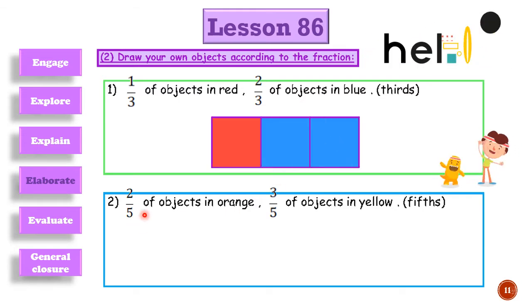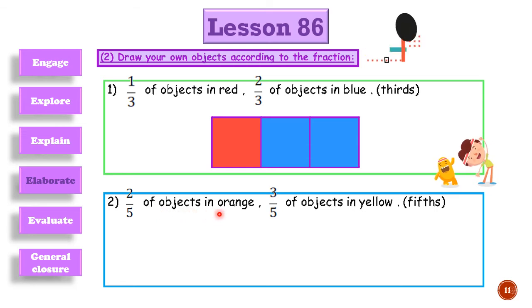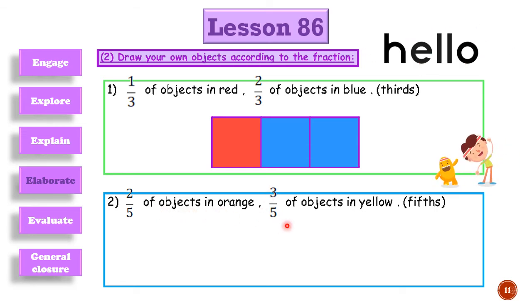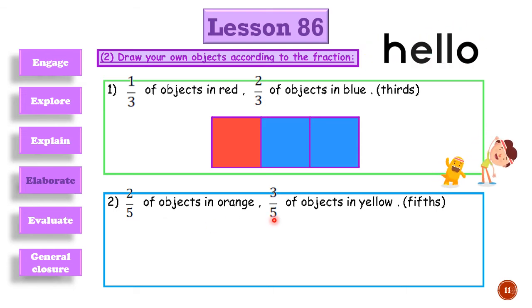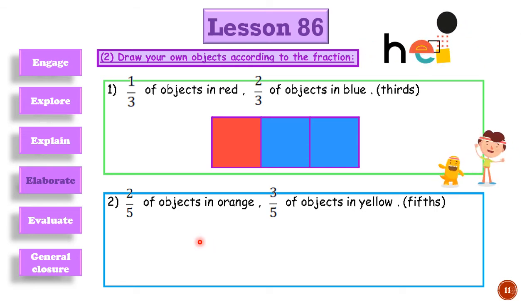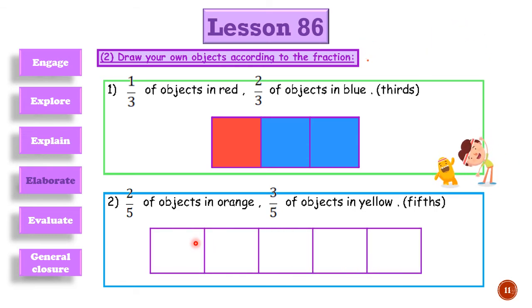Okay, next one, 2/5 of objects in orange and 3/5 of objects in yellow. Here the denominator is 5. Now we will draw our model and divide it into, yes, 5 equal parts, like this. Then I will color how many in orange? 2 or 5?